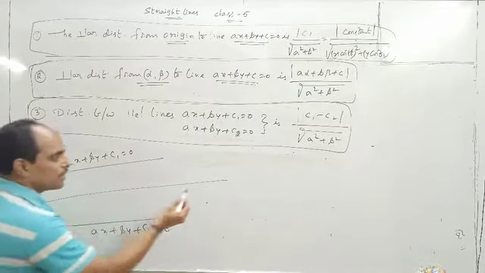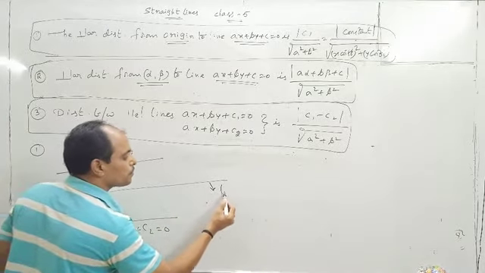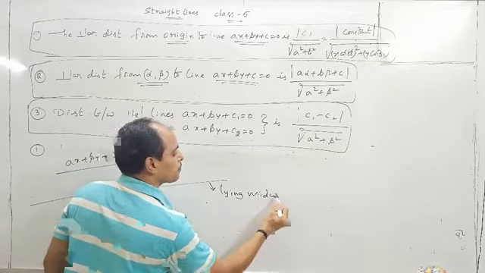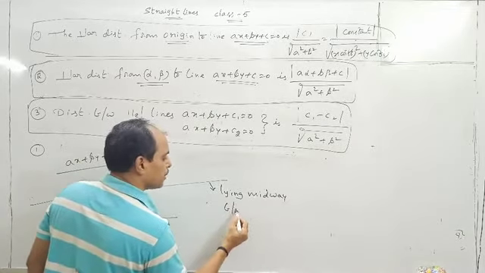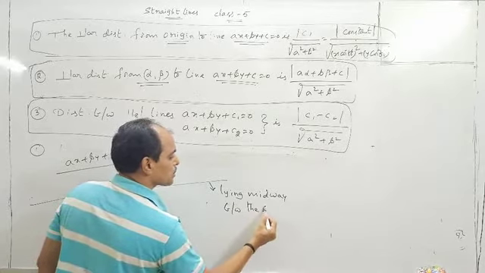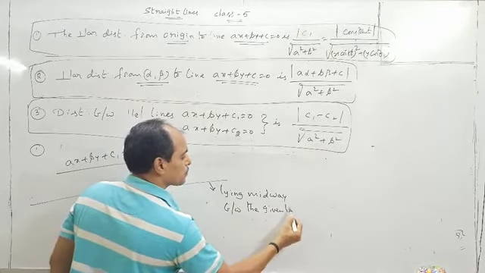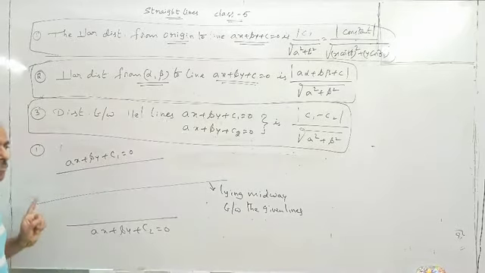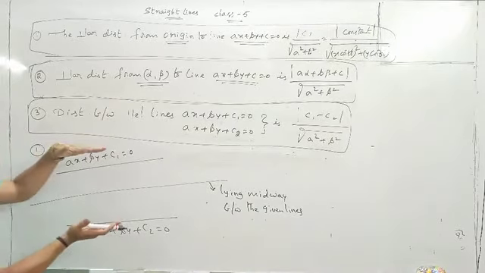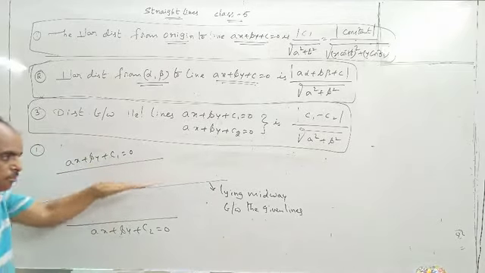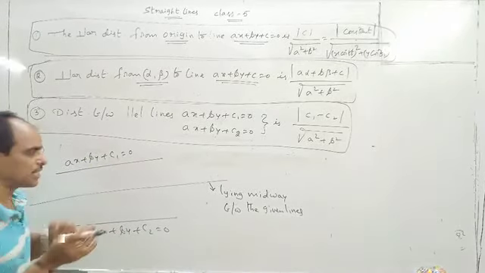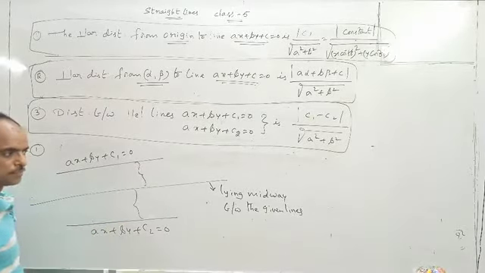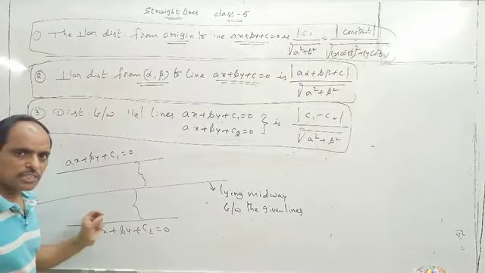This is the line lying midway between the given lines. For objective purposes, the line is lying midway. There are two parallel lines. One line is between the lines, lying midway, exactly at the center. And this distance is equal to this distance. These two distances are the same.